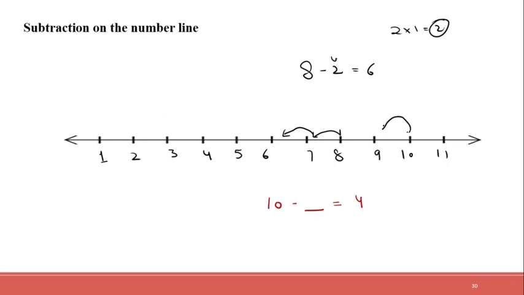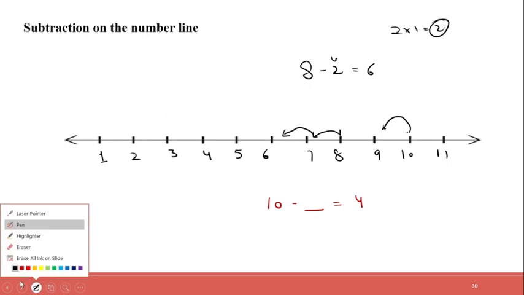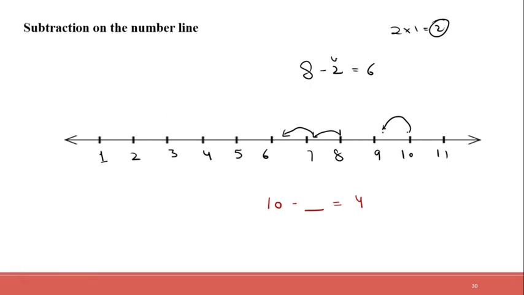So how will you proceed? 1, then 2, 3, 4, 5, and then 6. That means 10 minus 6 will be 4. It is 1 unit, 1 unit, 1 unit, up to 6 units. So we will reach 4. Now I hope this is clear to you.